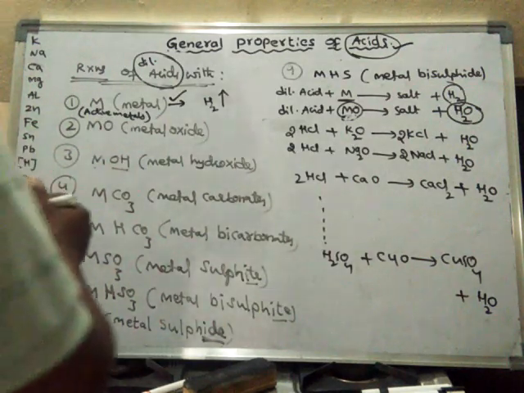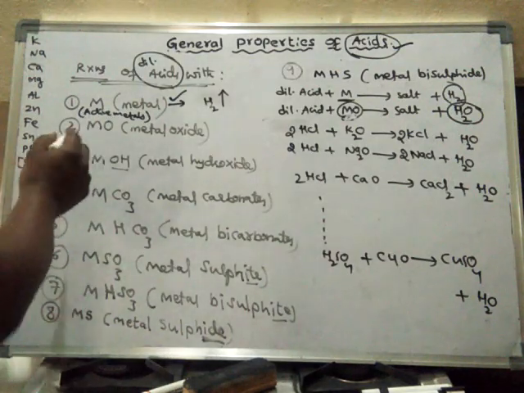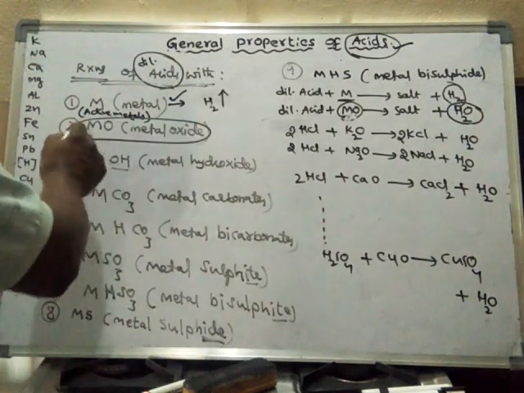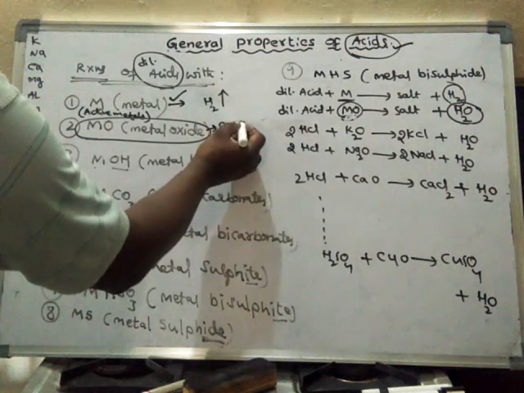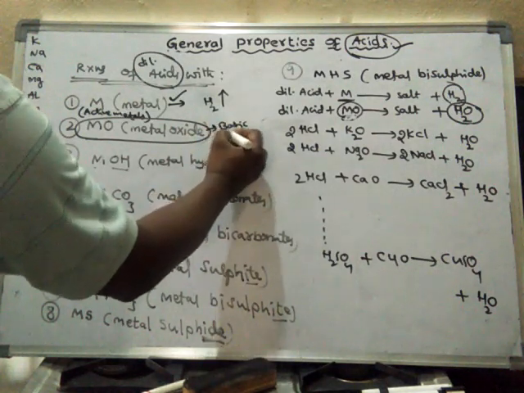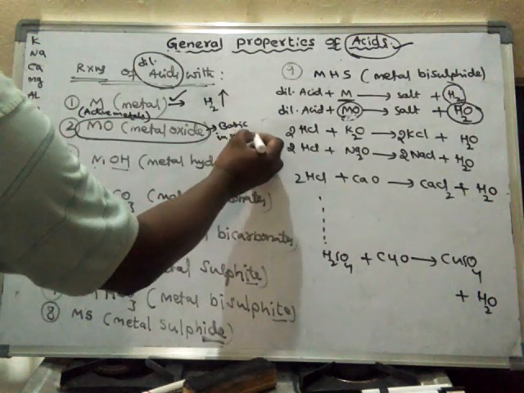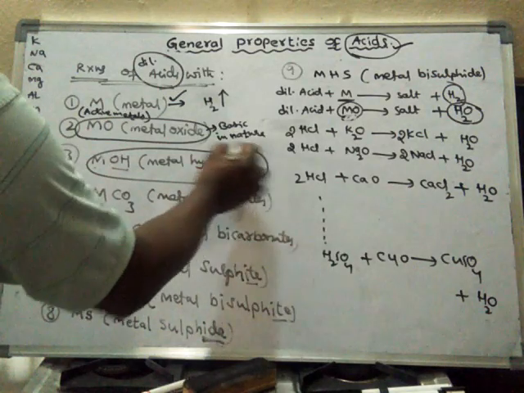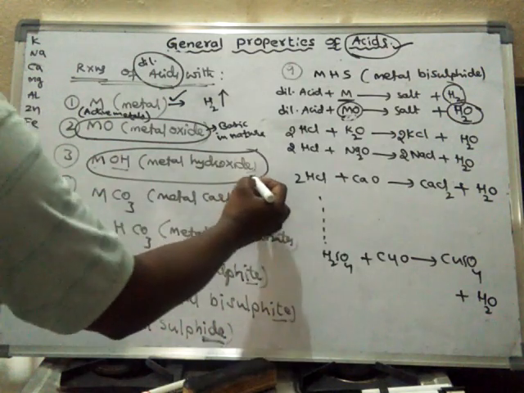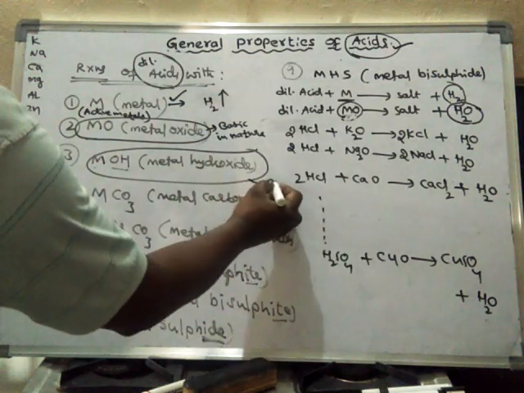Generally, metal oxides are basic in nature. Metal hydroxides are bases.